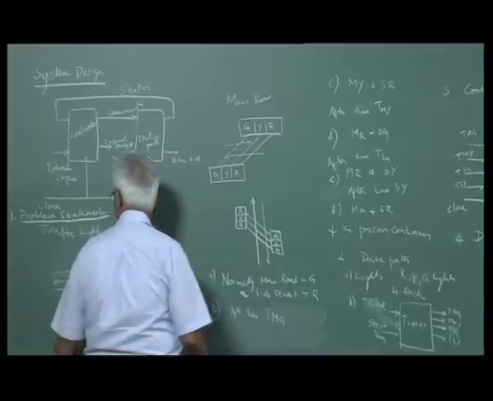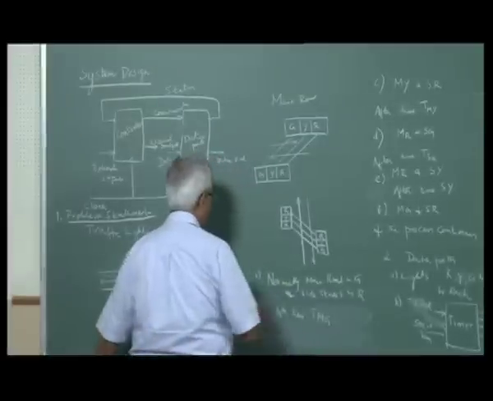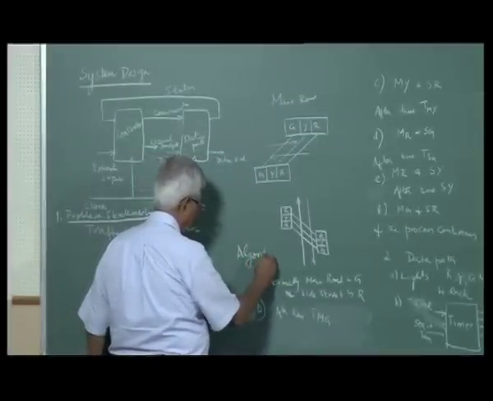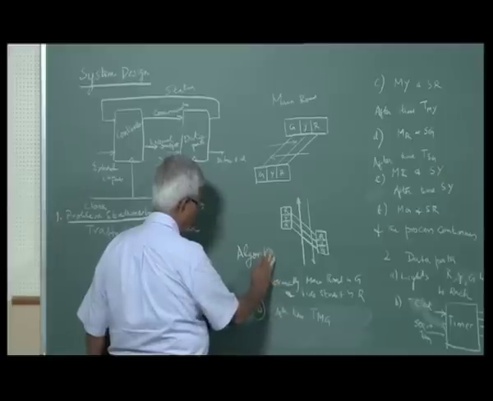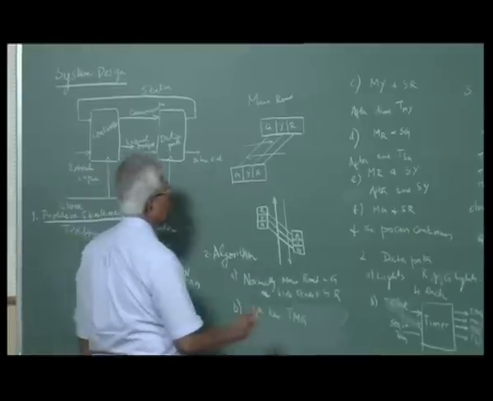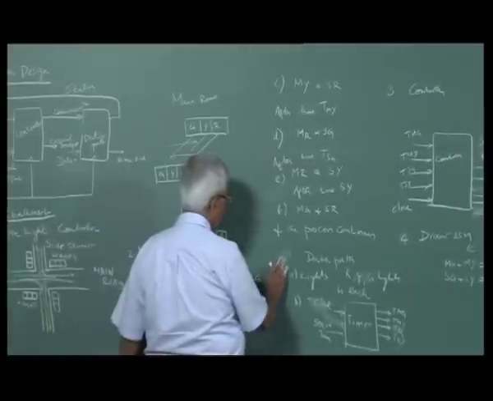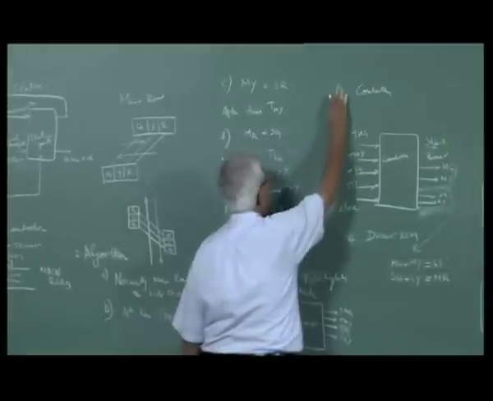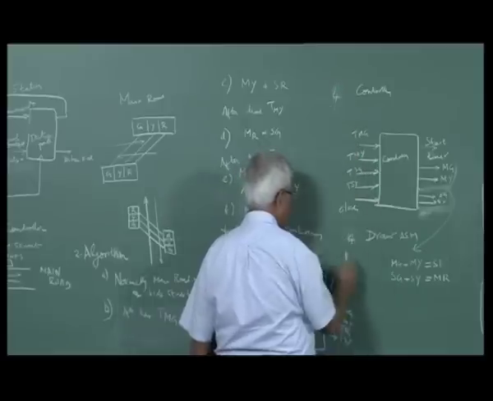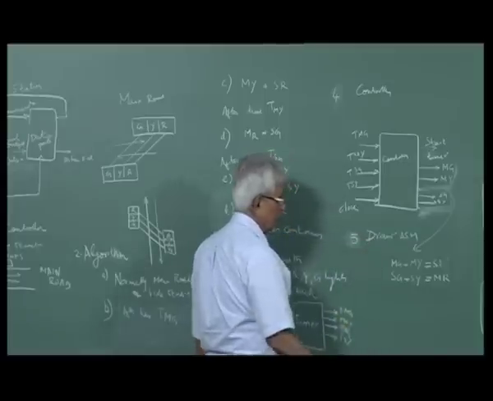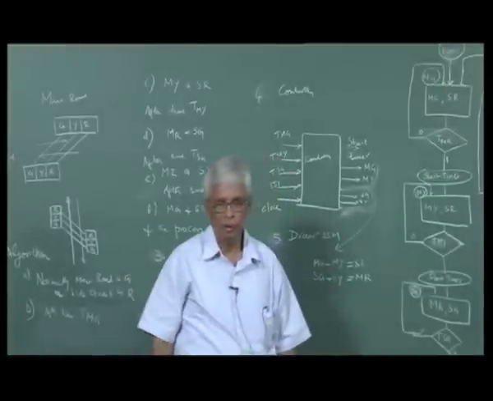This is, I will say, 1, algorithm, 2. I said 3 is data part, 4 is controller, 5 is ASM, and 6 is implementation of the ASM, implementation of the controller.